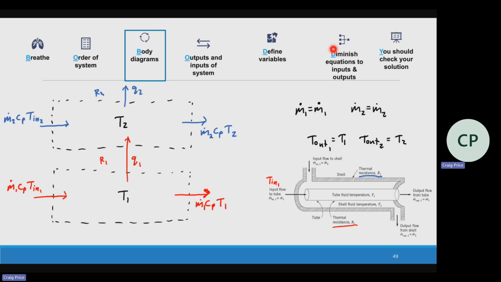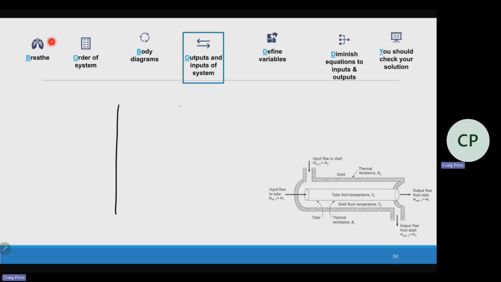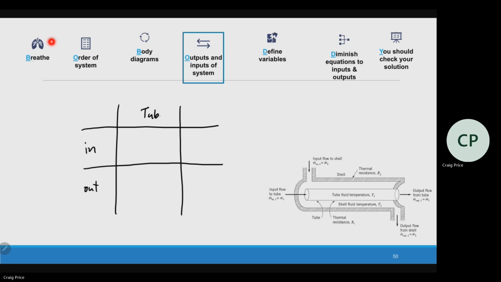Okay. Cool. Next step. Inputs, outputs. Again, I'm going to do tic-tac-toe because I've got two different bodies here. This is in, out. We've got the tube and we've got the shell. What is the input for the tube, the hot fluid?